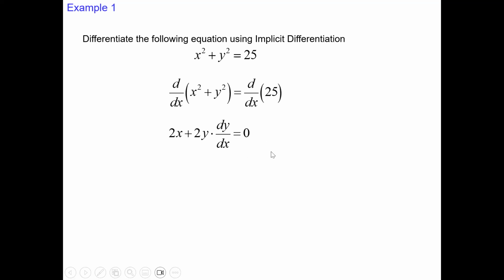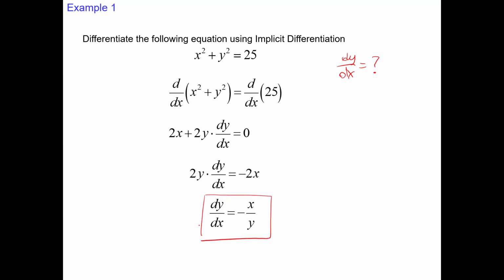Now because we're looking for the derivative dy dx, let's solve this equation for dy dx. We will subtract 2x and we will divide by 2y. That means this is the derivative of that circle.